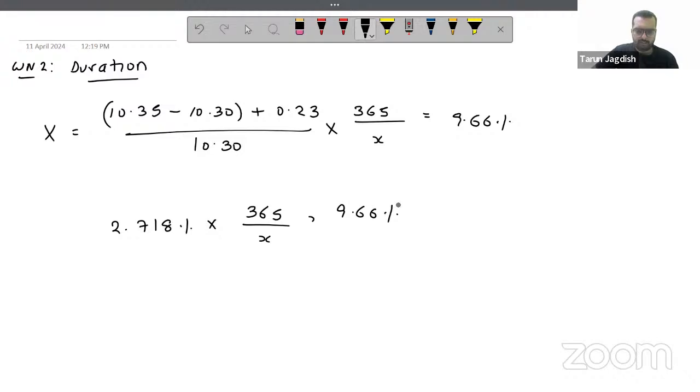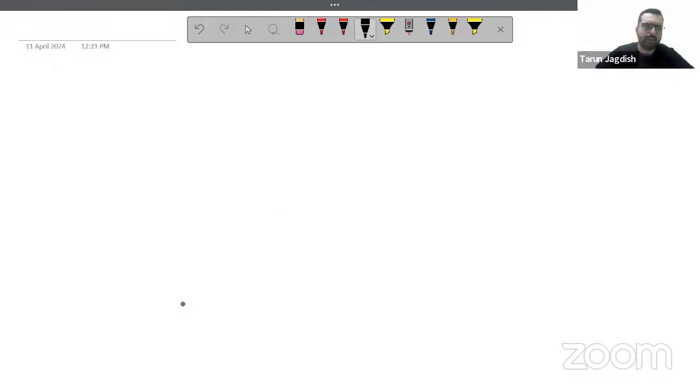So 9.66 divided by 2.718 will give you 3.55. Then 365 divided by this, you will get 103 days. Therefore, it will be 103 days for the first one. Same way we need to do it for Y and for Z.